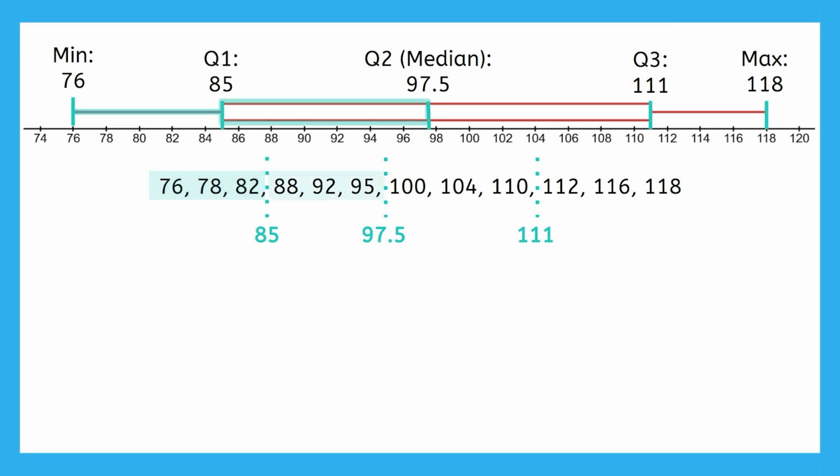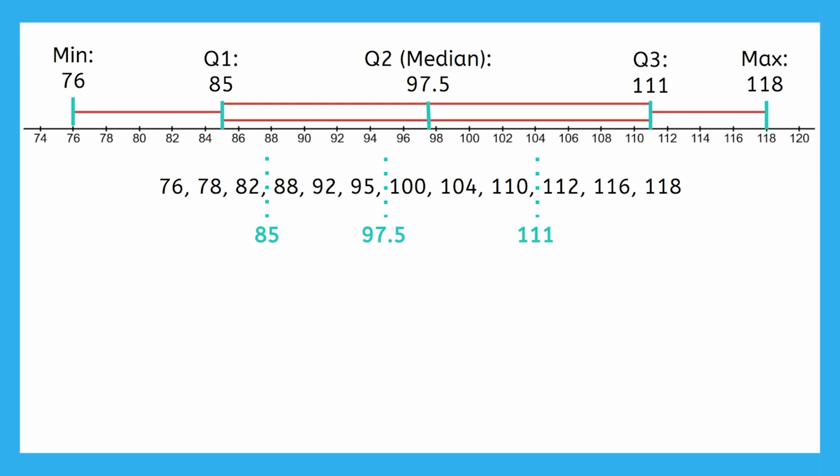This second section represents the second 25% of the data. This third section represents the third 25% of the data, and this fourth section represents the last 25% of the data. So, if each 25% section represents 3 numbers, why are some sections of the box plot longer than others?